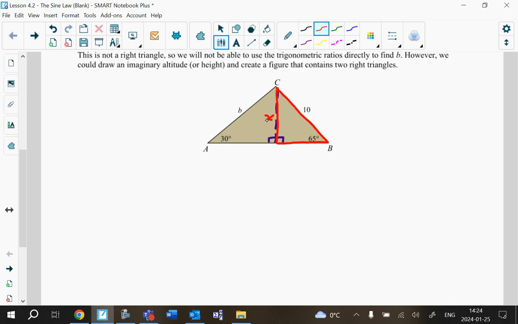So how would I find X? What's the trig equation? Sine 65 degrees equals X over 10. And then I multiply both sides by 10.